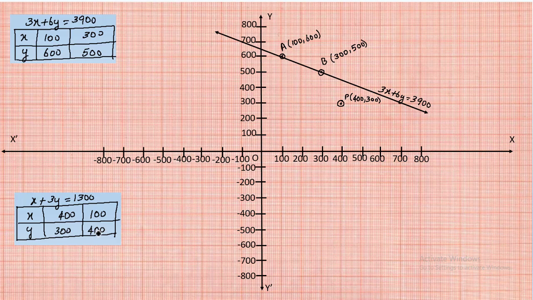Similarly, the next point is on x-axis it is 100 and on y-axis we should take 400. So we will obtain a point here, that is Q at x 100 and y is at 400. So let us draw a line intersecting these 2 points. So this is the line we obtain for the given equation x plus 3y is equal to 1300. So this is how we plot the graph.